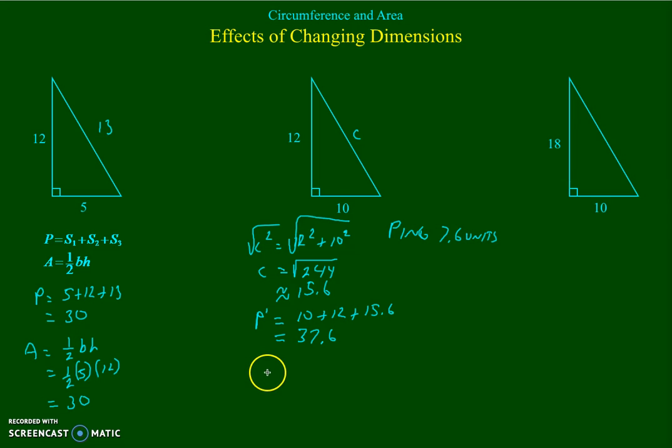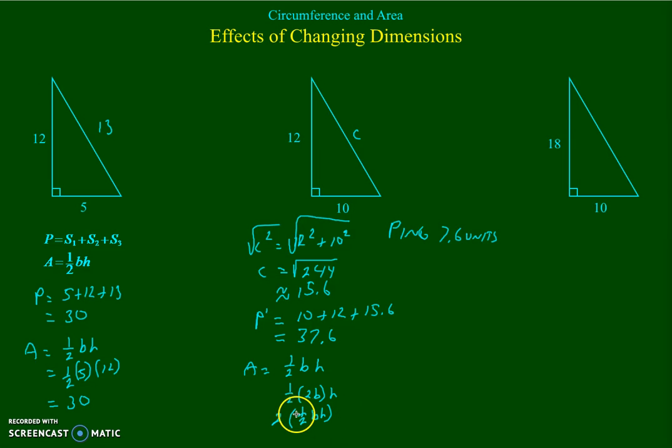All right, now let's see what happens with area. For area, it's 1/2 base times height. And we took the base and multiplied it by 2. So this is 1/2 times 2b times the height. Let's pull out that 2 and see what that did to us. 2 times 1/2 base times height.